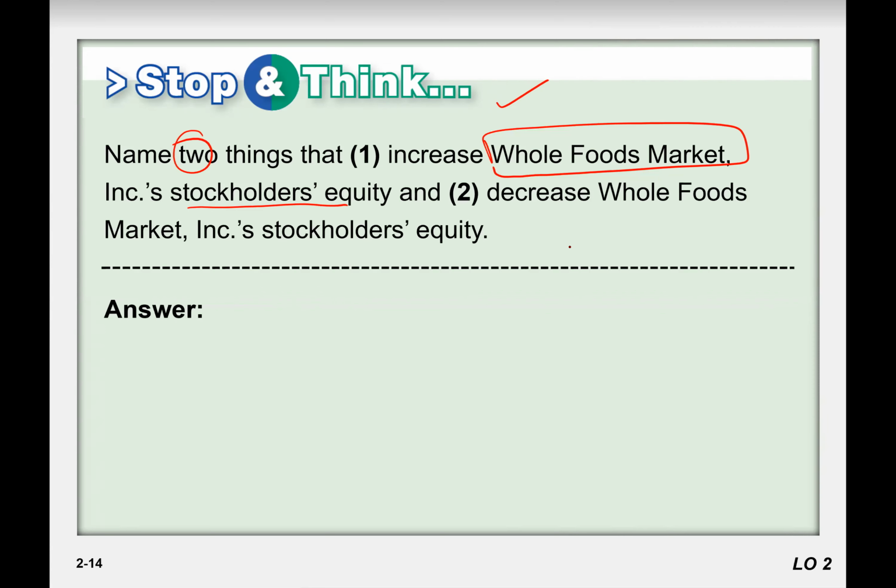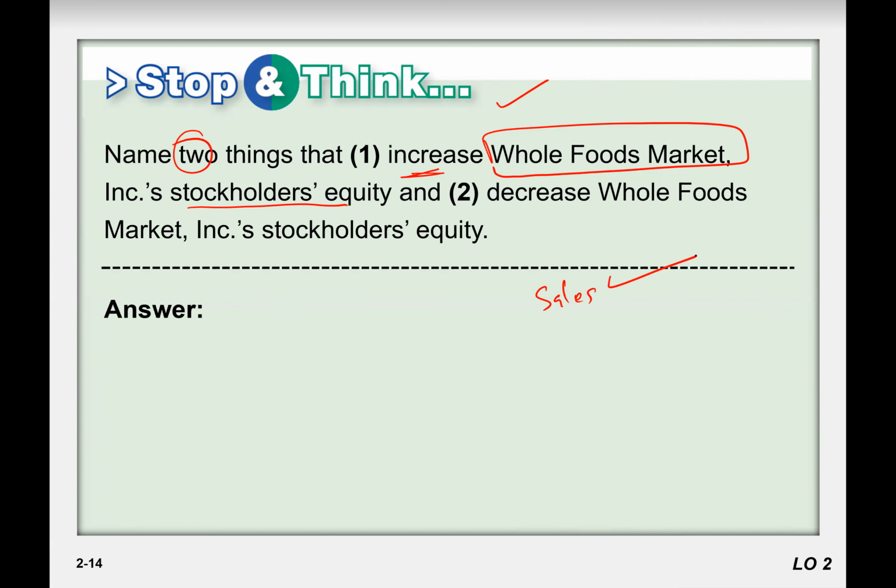Sales of the food. You can buy back your shares. Increase. First we talk about increase. You said sales. Retained earnings and owners' equity, the common stocks. Retained earnings and common stocks.